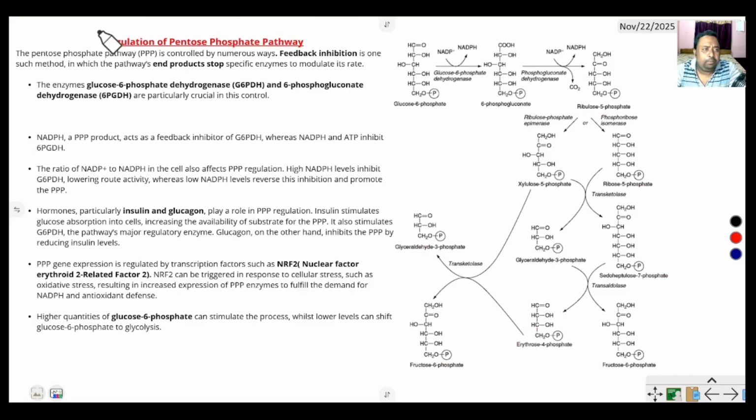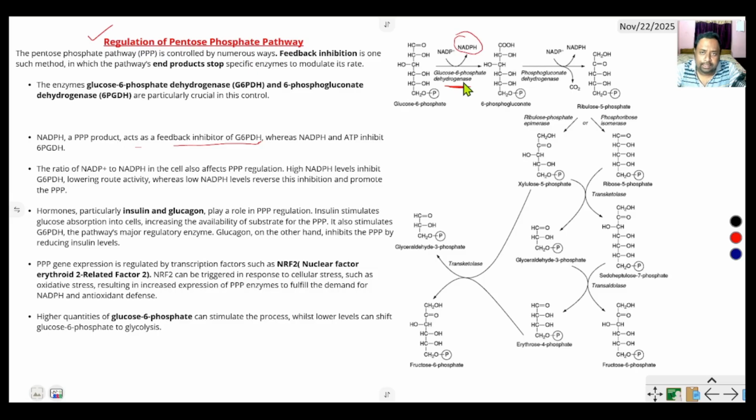The regulation of the pentose phosphate pathway. As you know, the pentose phosphate pathway is highly regulated by the glucose 6-phosphate dehydrogenase enzyme and the concentration of NADPH in the cell. NADPH, the product, acts as a feedback inhibitor of glucose 6-phosphate dehydrogenase.